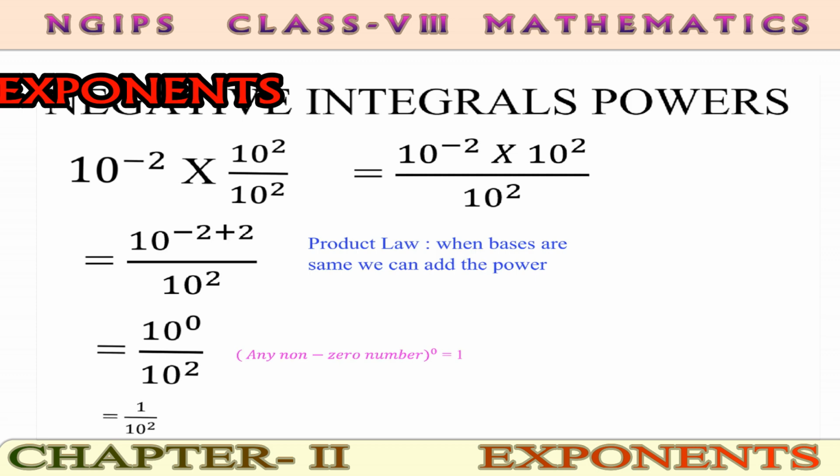And since we know that any non-zero number raised to 0 equals 1, we can write it as 1 divided by 10 raised to 2. Let me repeat, this is a very important property. Any non-zero number raised to 0 equals 1. This was our original number 10 raised to minus 2, and we got the answer 1 divided by 10 raised to 2. So all we did is change the sign of the exponent and write it under 1.